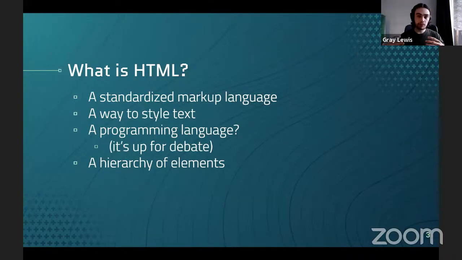But I think that really, as someone who's coming new into web development or even development in general, HTML can actually be a really good first step into understanding how abstractions work and how syntax works in general. And so I would consider it to be somewhere in between a programming language and something less than that. I think that the people who argue that it's not might be a little bit reductionist.